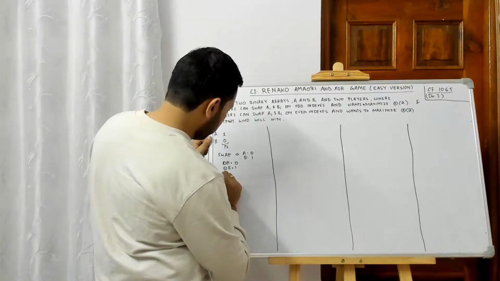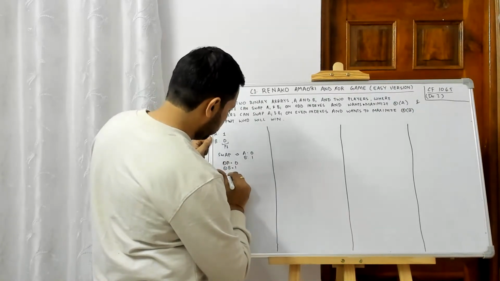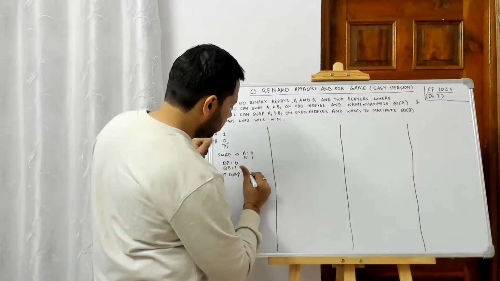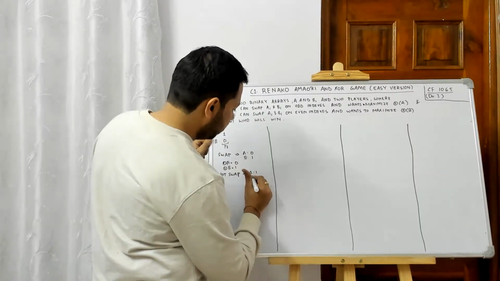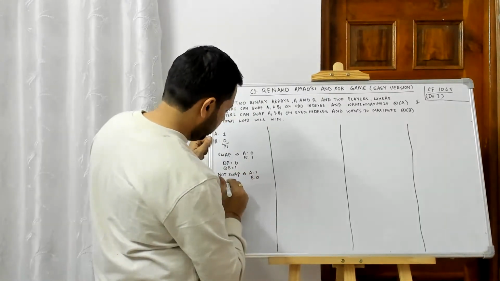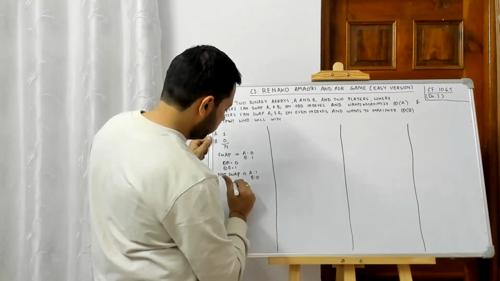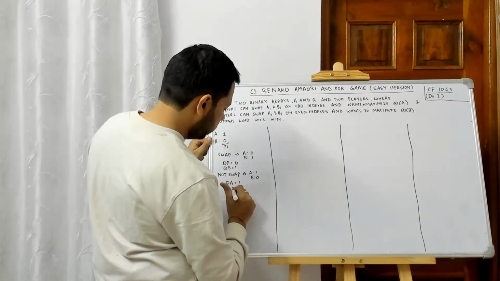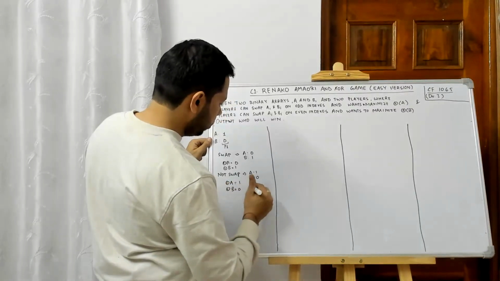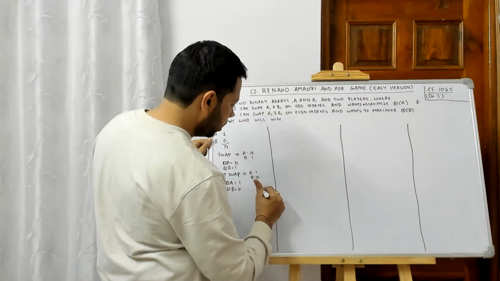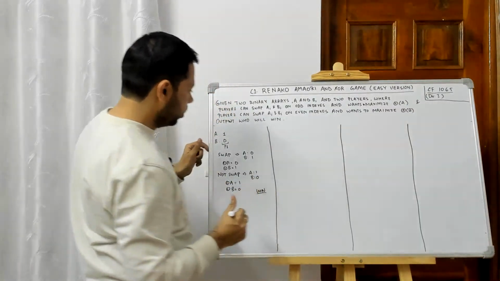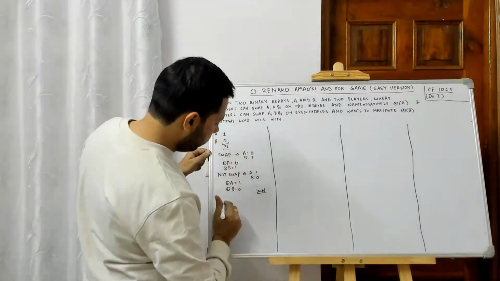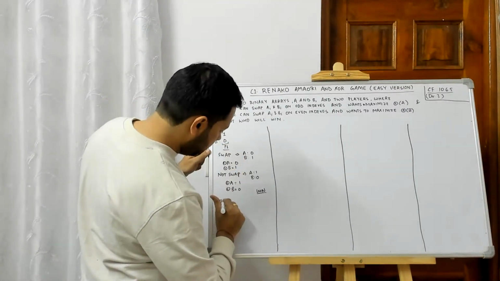If they do not swap, A will be 1, B will be 0, and XOR of A will be 1, XOR of B will be 0. So they will win here. If either one of these conditions allow them to win, they are going to win, in which case we will say player 1 is the winner.